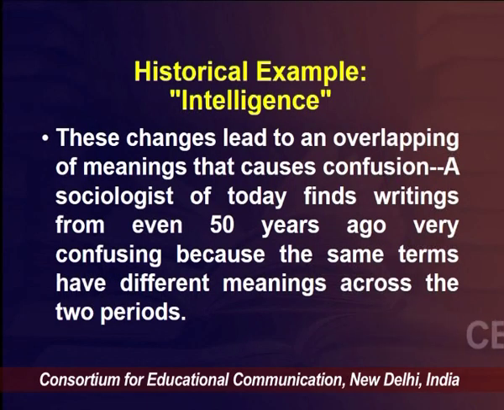A sociologist of today finds writing from even 50 years ago very confusing because the same terms have different meanings across two periods. So, it becomes problematic because the socioeconomic conditions have changed. The term may also have multiple meanings and therefore leads to confusion.